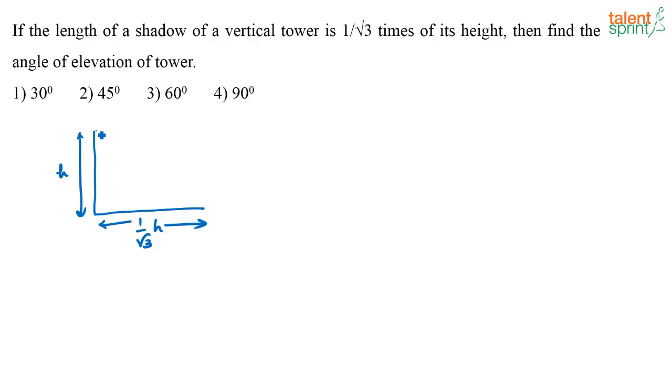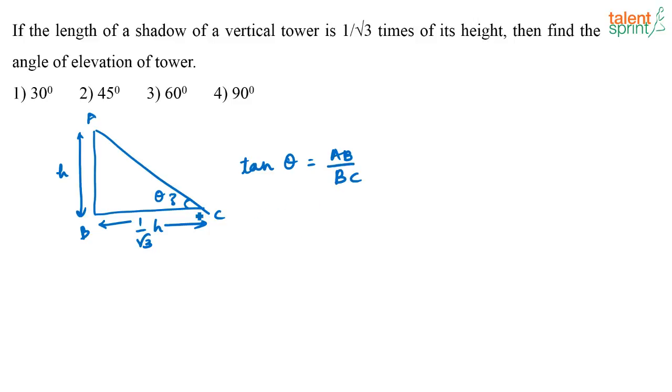What does the angle of elevation mean? I have to find out this angle, correct? They are asking us for this angle. So if this is theta, and the triangle is A, B and C, tan theta is equal to AB by BC.